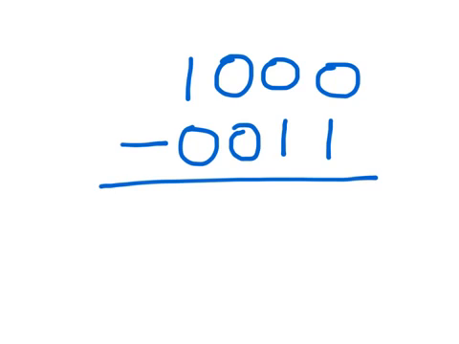First of all, the 1 right here, which represents 8 because it's a 1 in the 8's place, well, 8 is the same thing as 4 and 4. So we're going to destroy this 1, and we're going to make that a 0, and then we're going to add 2 1s into the 4's column.